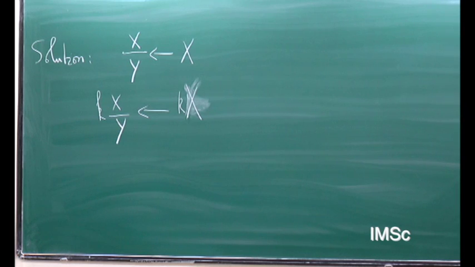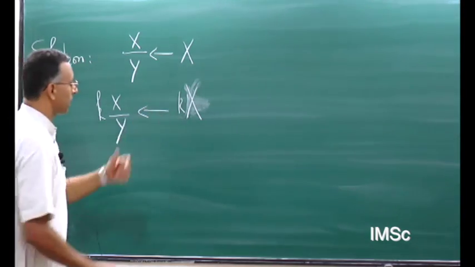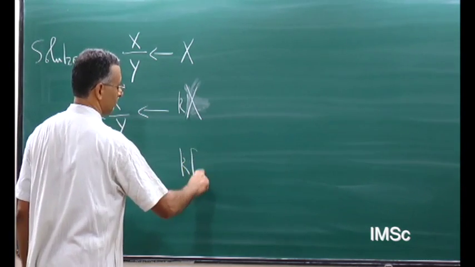If you have a map of groups, then there is a natural map of group rings. Right, this k[X], I didn't write the bracket, but that's our notation for a group ring. So what is k[X]? k[X] is k[G], right?